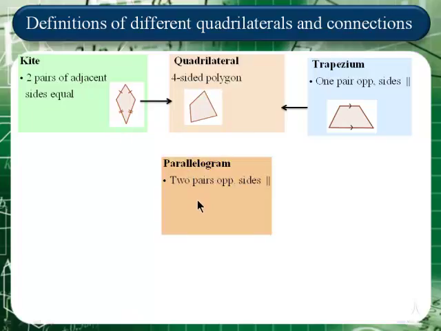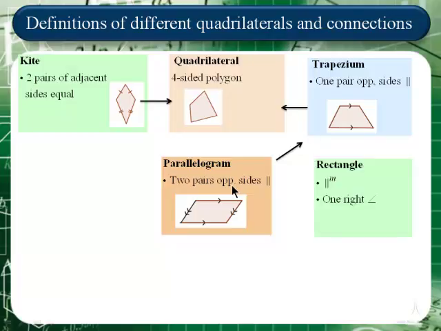And then we move on to the parallelogram, which we defined already as a quadrilateral with 2 pairs of opposite sides parallel. That means that a parallelogram will be a trapezium, and of course also a quadrilateral. The next definition is a rectangle.